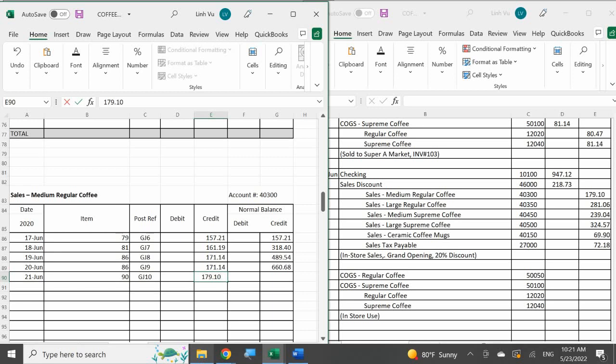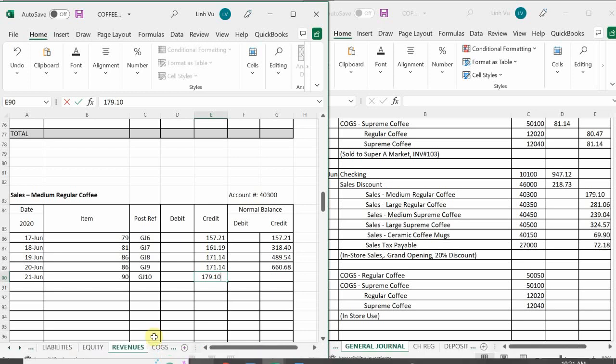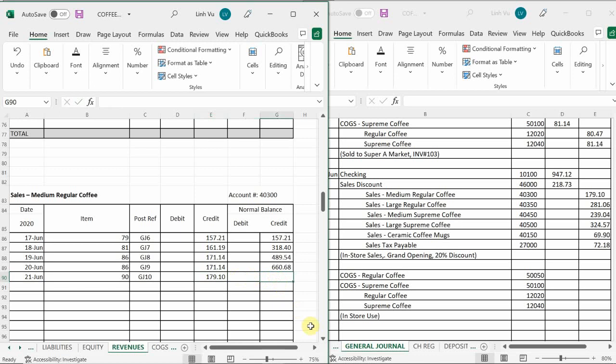Look at your journal. Yes. What did I write in my sales for the medium regular coffee? Regular coffee, yeah, 0.10. Okay, so now what's my account balance?